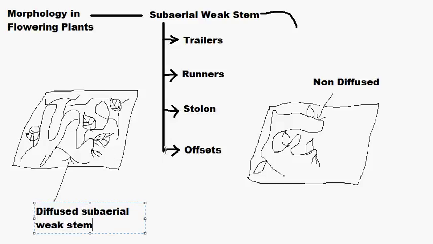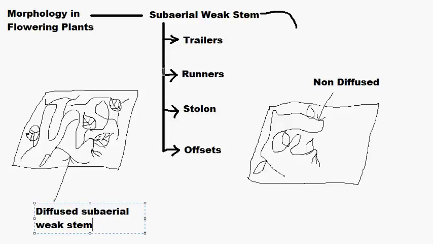In the non-diffuse there are no branches, so the stem grows in one particular direction, and in the diffused kind, branches grow from the main stem, and then the branches can grow in a completely different direction than the main stem, which causes it to spread out in all directions. So trailers can be classified as diffused and non-diffused.